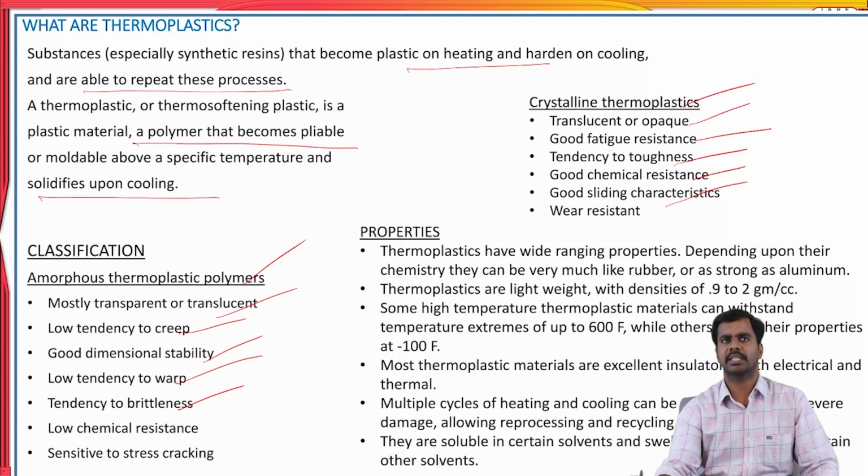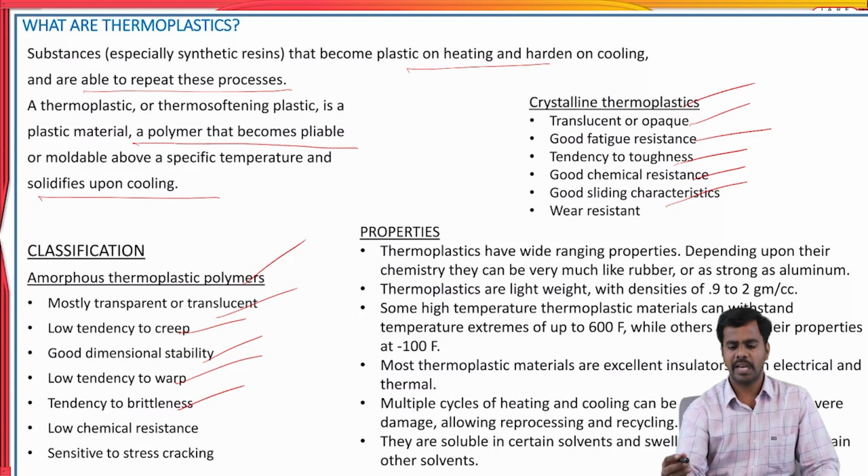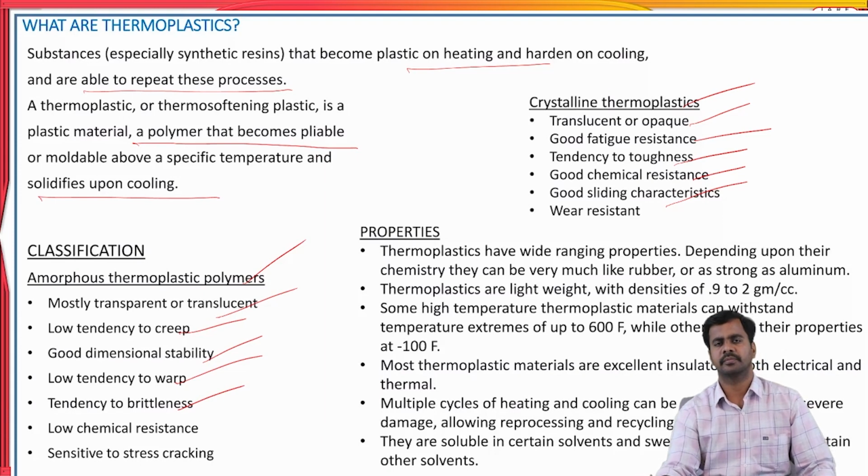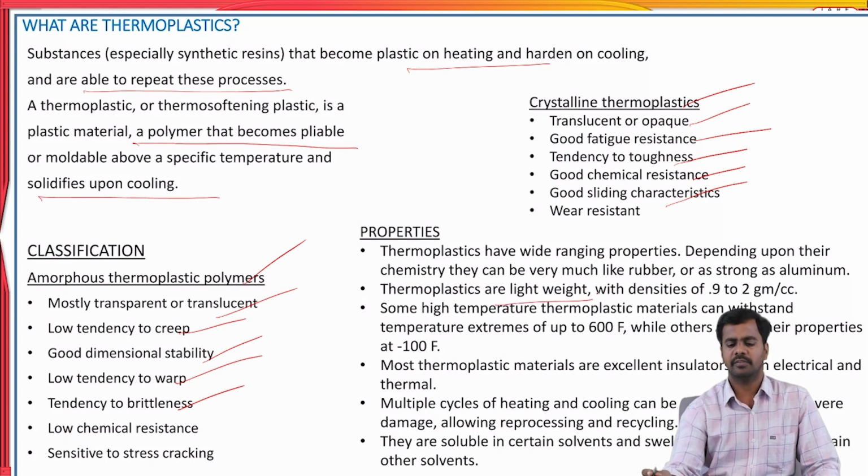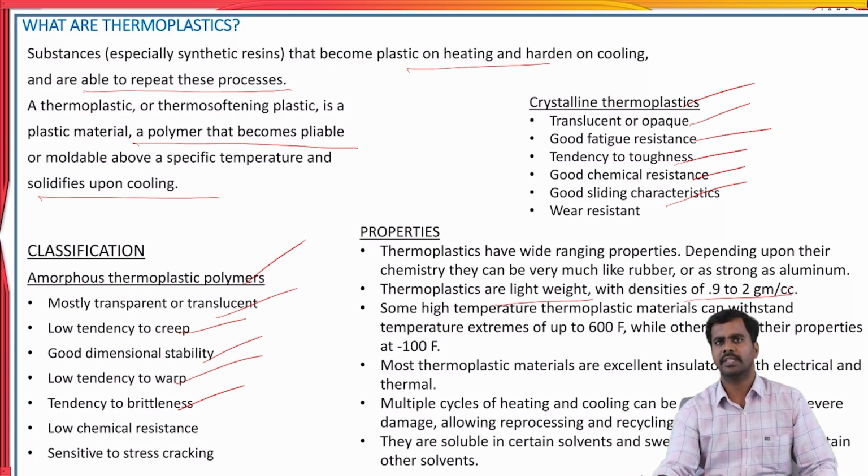Coming to the properties of thermoplastics, thermoplastics have wide ranging properties depending upon their chemistry. They can be very much like rubber or strong like aluminum. Thermoplastics are lightweight with a density of 0.9 to 2 grams per cc.